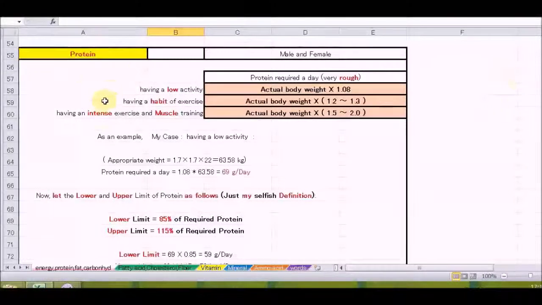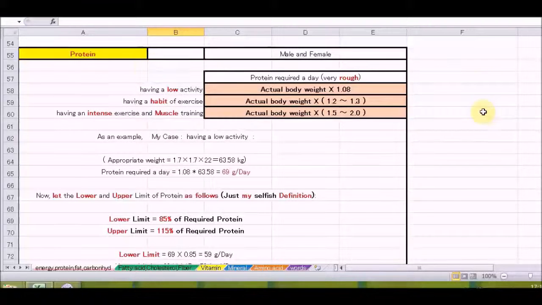And then protein. Protein can be estimated by this table. This is daily activity, and this is an equation.